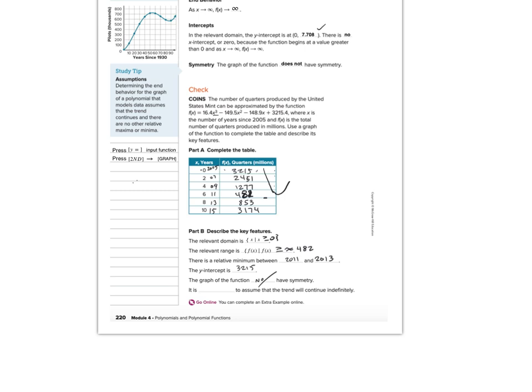It's going to have a lot to do with how many are in circulation and how many we need. So we can't just assume that we're going to eventually start minting an infinite number of quarters. So I would say no, not reasonable. It is not reasonable to assume it will continue, because there are outside factors to this.